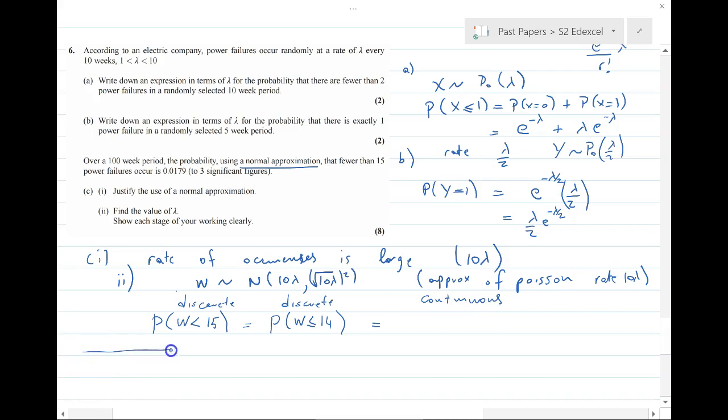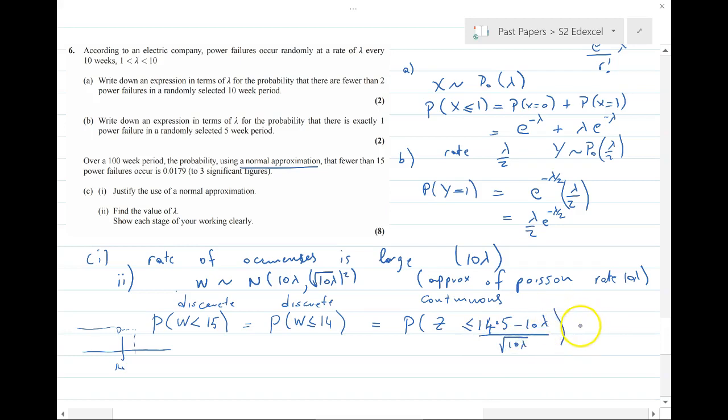And the continuity correction, I will say, draw a number line if you need to. We've got 14 here, go back from the number line when you've changed to a non-strict inequality like that. So that means we've got the probability that Z is less than or equal to 14.5 minus the mean, which is 10 lambda, divided by the standard deviation, which is the square root of 10 lambda.